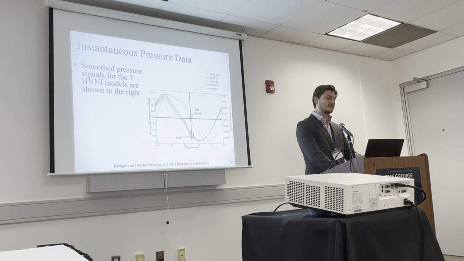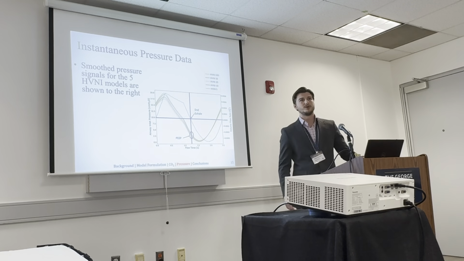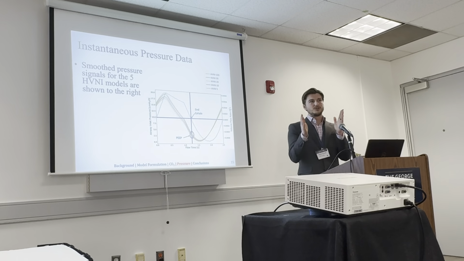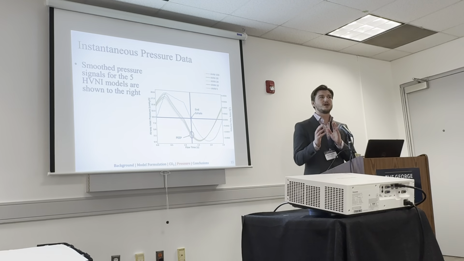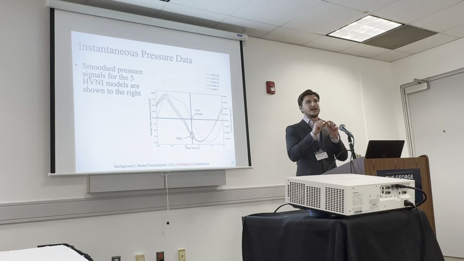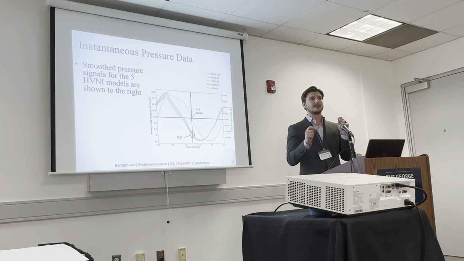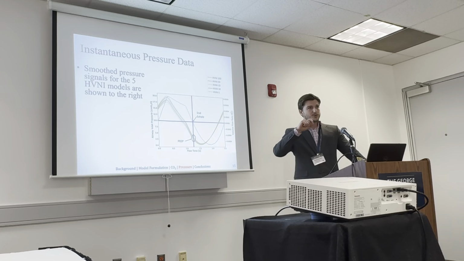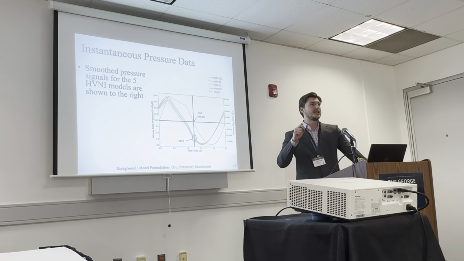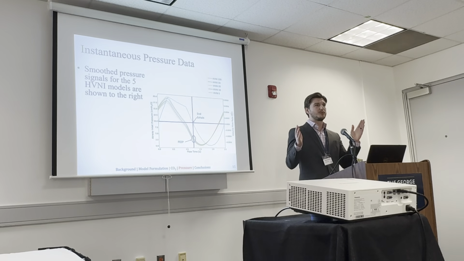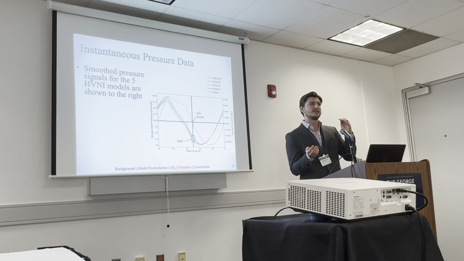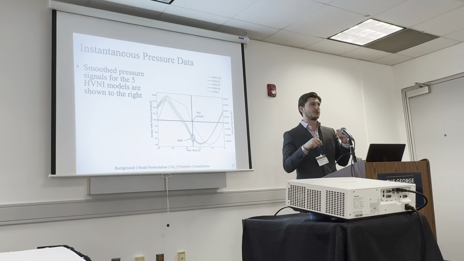It was a pretty noisy signal, so we tried to find a smoothing window where we're looking at enough data points to the right and the left to remove the high frequency noise from the data, but we're not looking at so many points where we dampen low frequency oscillations that we would expect throughout the breath cycle.